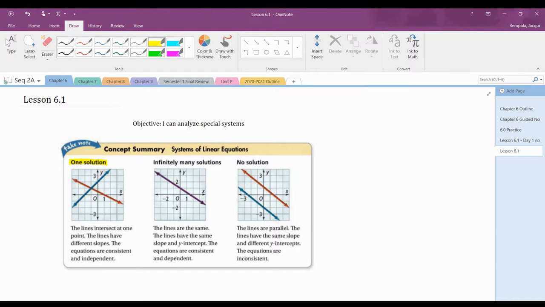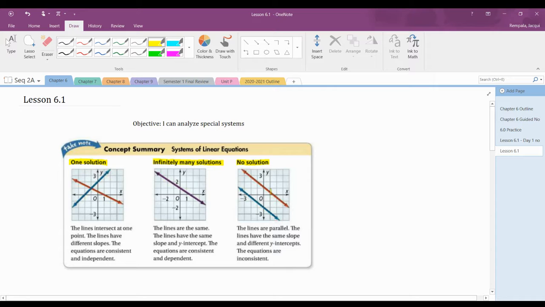There's another type of system where we end up getting infinitely many solutions. Infinitely many solutions means that you end up with multiple lines that actually are the same line, so lines that have the same slope and y-intercept. The third and final way for us to have solutions would be when there's actually no solution at all.